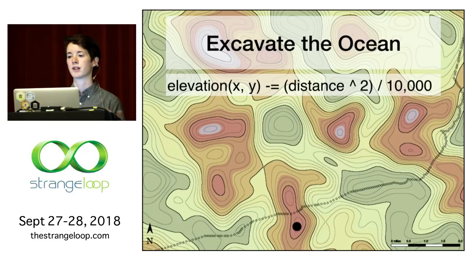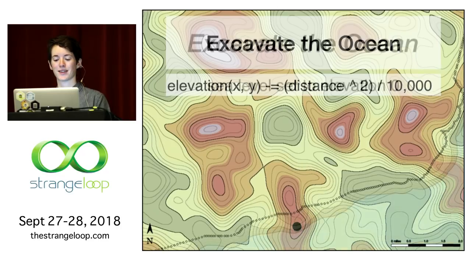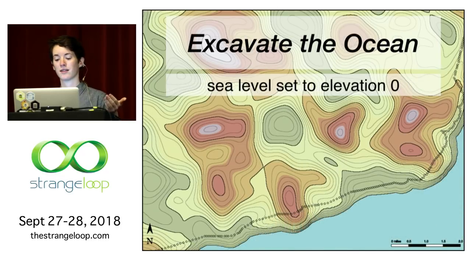So I did distance squared over 10,000, and I just fiddled around with different numbers until I got values that I thought looked nice. That's true of a lot of things on this, actually. So when we apply that, we get areas that are now underwater, which is great.